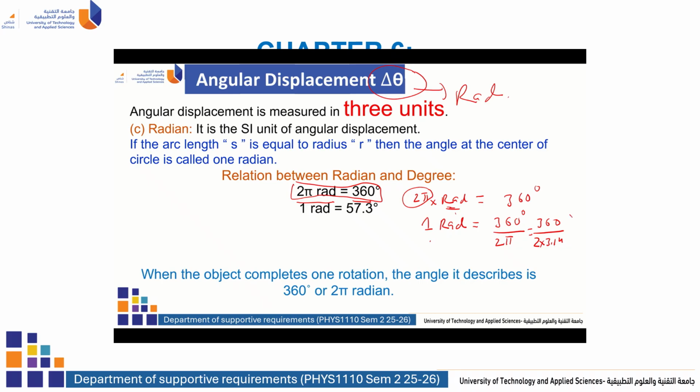If I calculate this, the number is 57.3 degrees. So 1 radian is equal to 57.3 degrees. This is the relation between the radian and the degree.